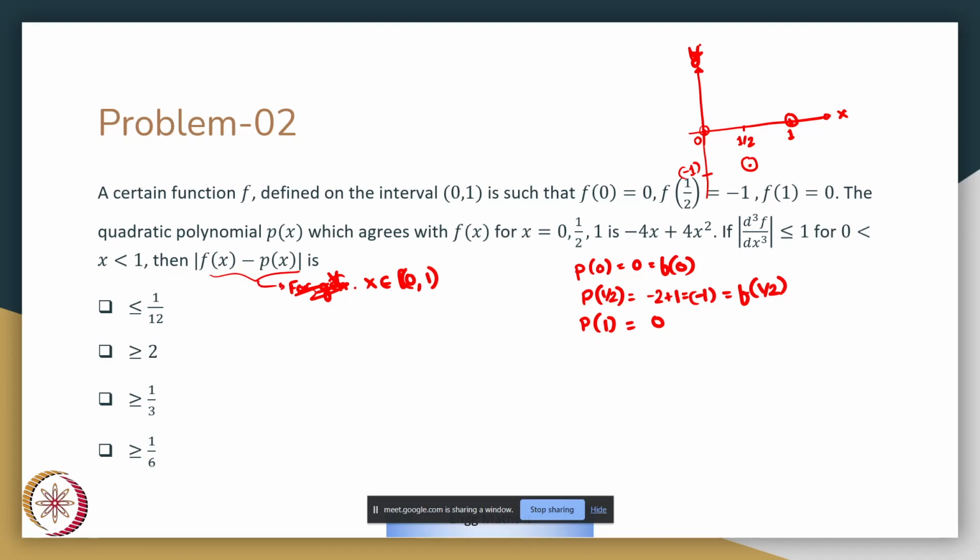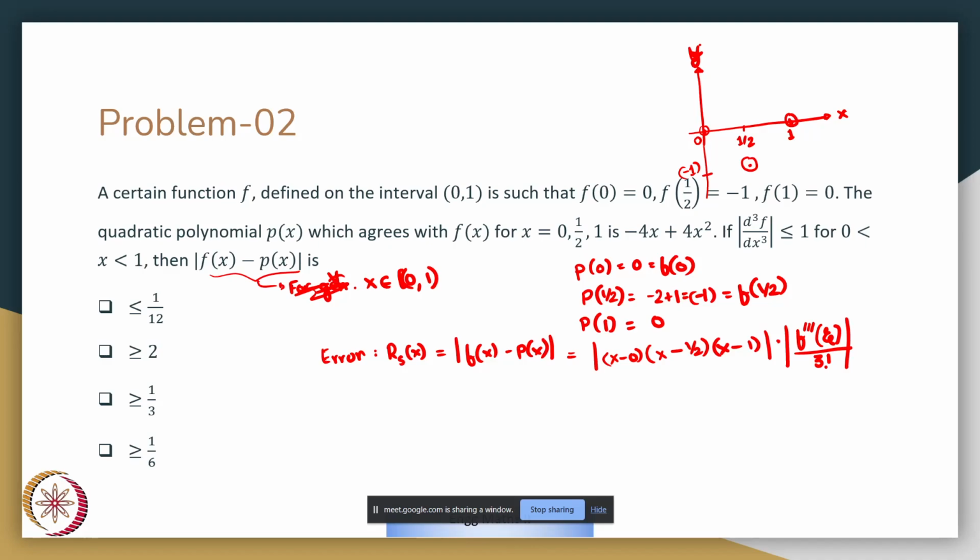So how do we do it? We first write the error, or the residue, Rs of x, as modulo of f of x minus p of x, which in our case will be equal to x minus 0, x minus 1 by 2, and x minus 1 whole times modulo of f triple dash of epsilon by 3 factorial.